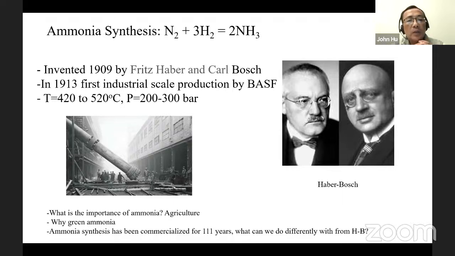Typically, Haber-Bosch operates at 420 to 520 degrees C, and the pressure ranges from 200 to 300 bars. Look at the first reactor in the picture. The reactor wall is very, very thick. You are talking about 8 inches. I'm sorry, I did not convert the inches to centimeters.